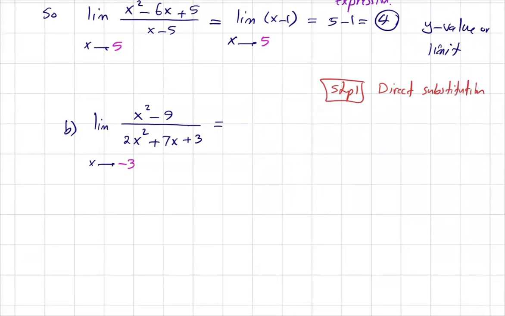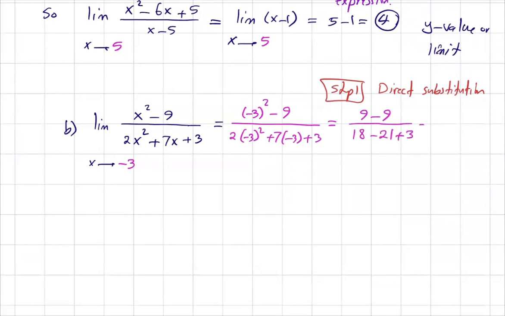So here you have negative 3 squared, which is 9, divided by 2 times negative 3 squared plus 7 times negative 3 plus 3, which gives you 9 minus 9 divided by 18 minus 21 plus 3, which is 0 over 0. So step 1, direct substitution, doesn't work for us. It means that we have to move on to step 2 and simplify first.